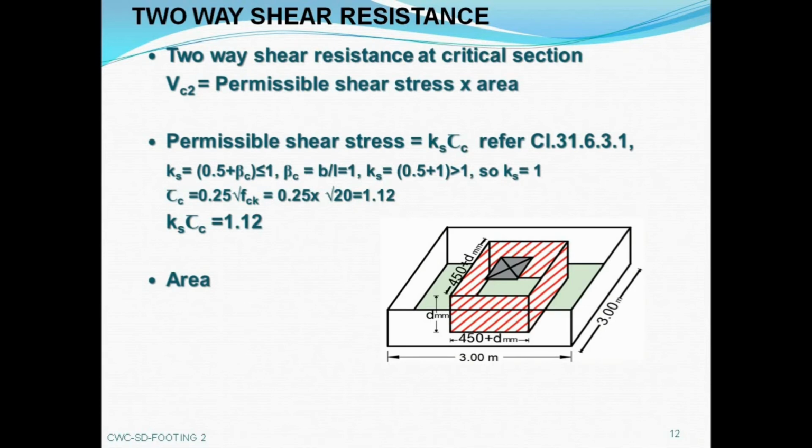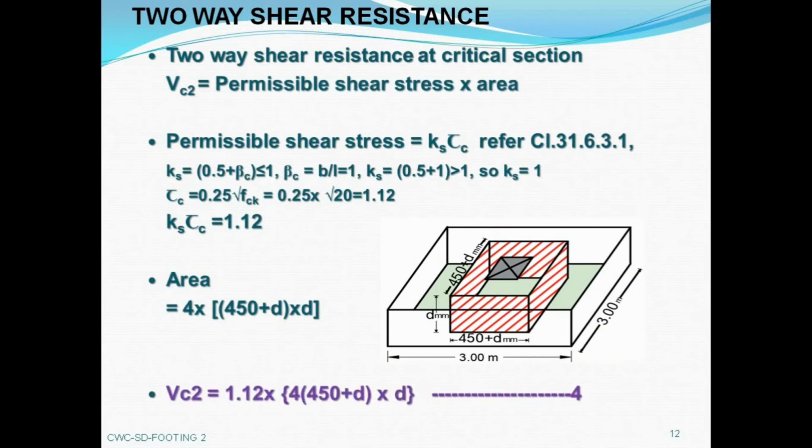So area of one plane will be 450 plus D into D. So for all the 4 planes together, it is 4 into 450 plus D into D. So incorporating these values, we'll get the equation for Vc2 as 1.12 into 4 into 450 plus D into D. Mark this equation as 4.